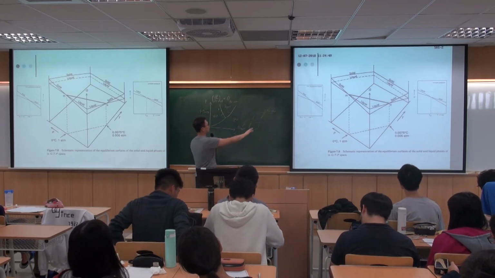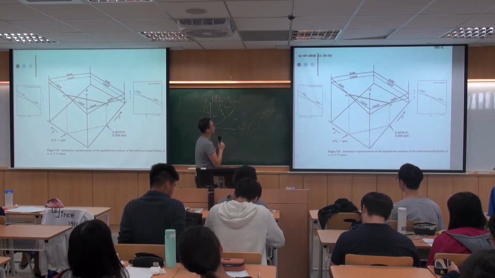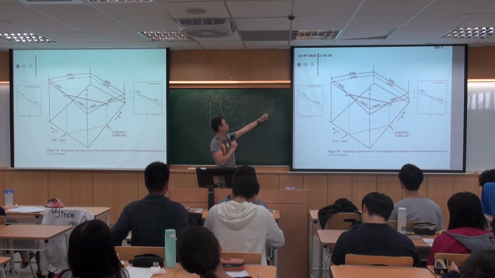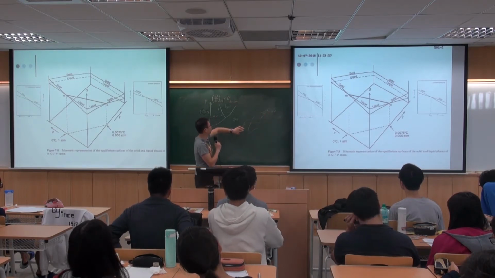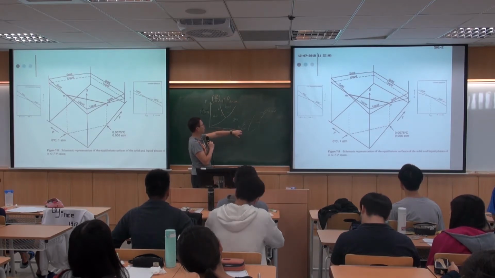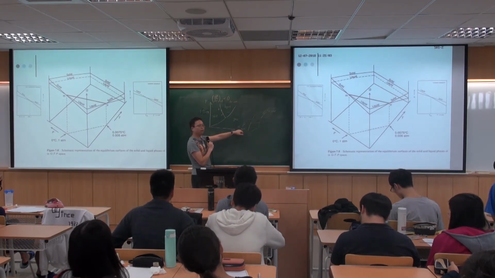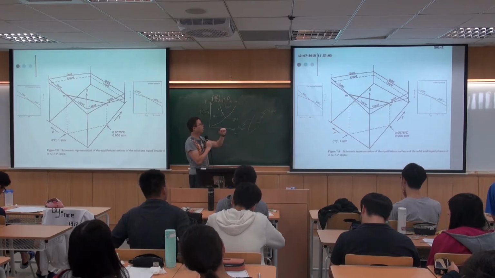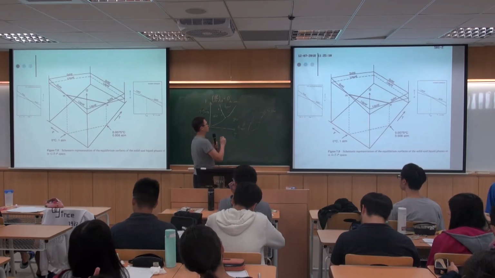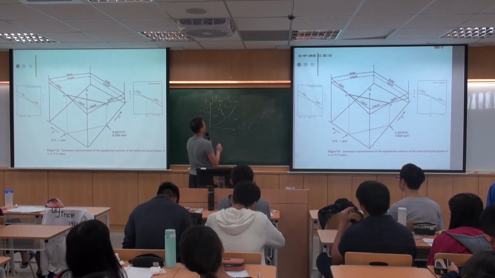So we know that, for instance, over here on the right-hand side, the liquid phase has a smaller Gibbs free energy when compared to the solid. But if you're over here on the left-hand side, the solid one will have a smaller Gibbs free energy. But it really depends on which axis you're looking at.